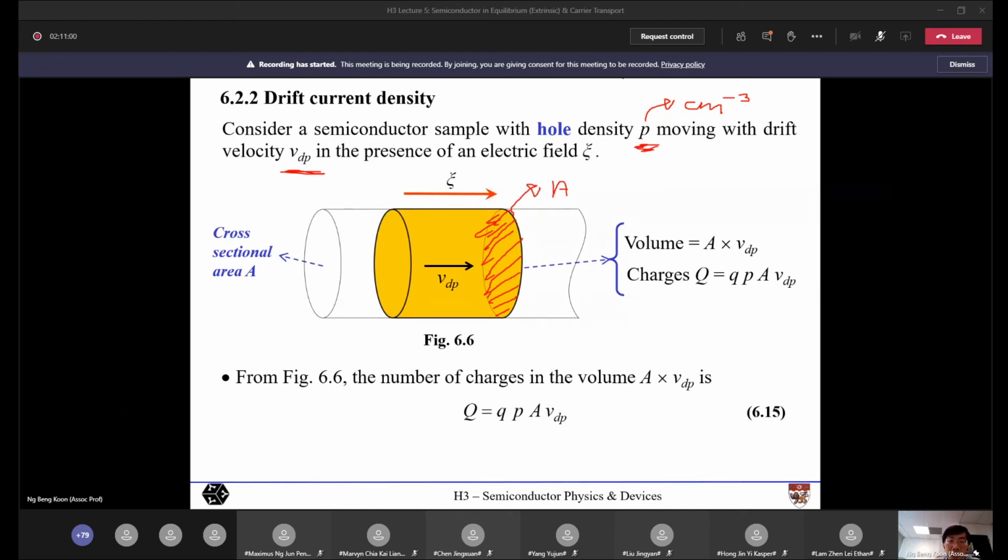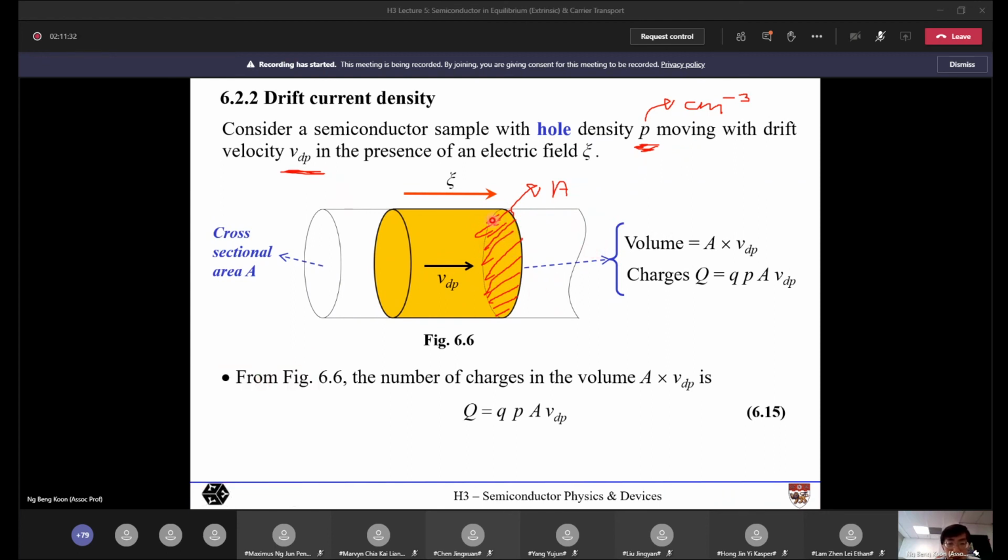So the key here is we need to work out how much charge actually flows through this cross-sectional area in 1 second. So how do you find this amount of charge? We consider how much of the volume of charge will flow through this cross-sectional area.